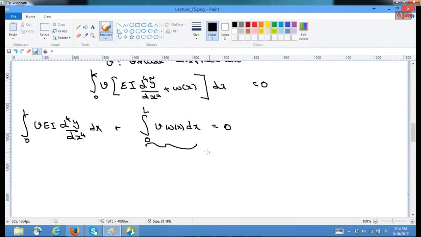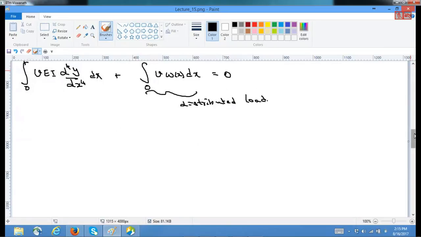This is the distributed load. Okay, we'll come to that at a later point as we progress further.